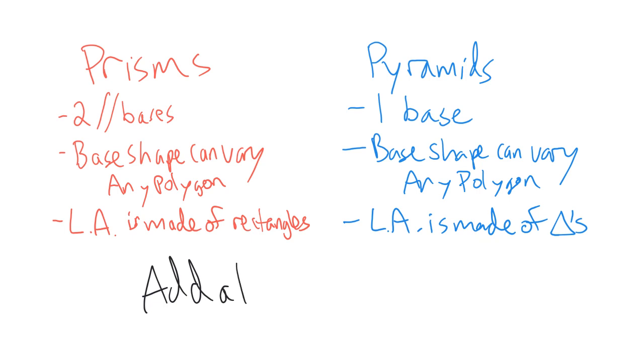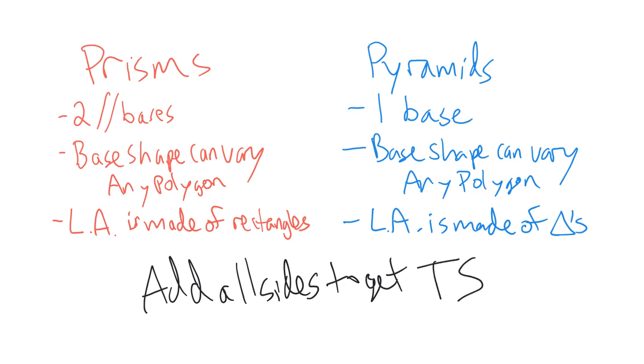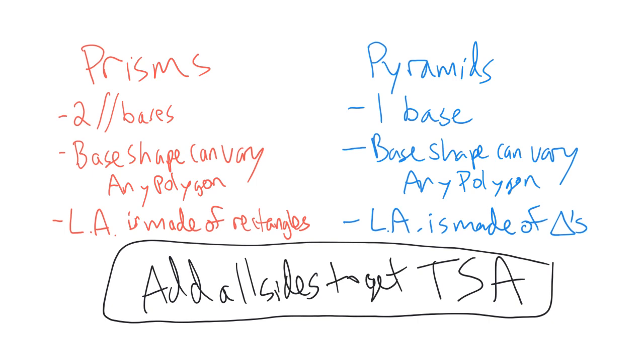Add all sides to get total surface area. That's the big thing here. Anytime you're a little lost, if I don't ask specifically for lateral area or whatever, if you just ask for total surface area, you're adding all the sides. However you get there is up to you, but we'll go through strategies on how to do that.